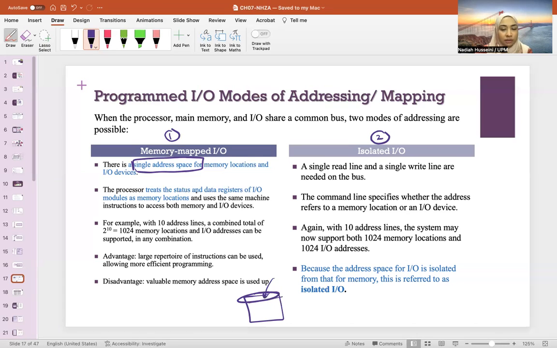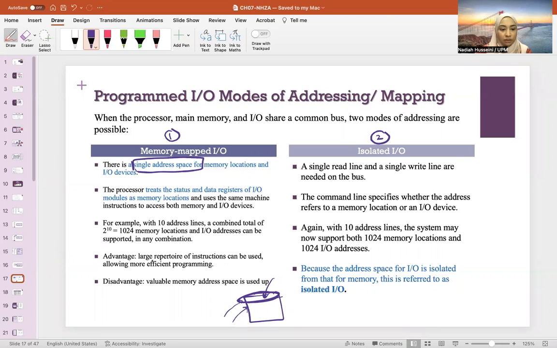So the processor treats the status and data registers of I/O modules as memory locations, of course, because basically it is a memory location, and uses the same machine instructions to access both memory and I/O device, because this one line tells you the memory and also the I/O device. So for example, if you have 10 address lines, a combined total of 2 to the power of 10 gives you 1024 memory locations and I/O addresses combined.